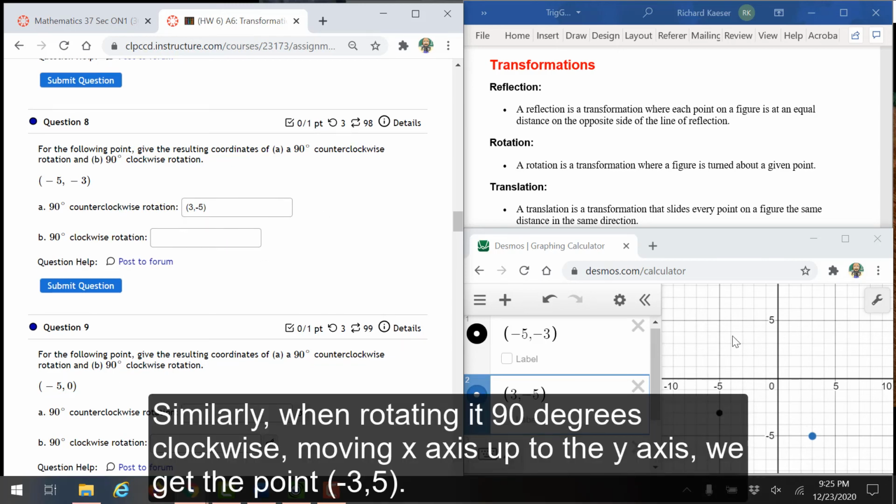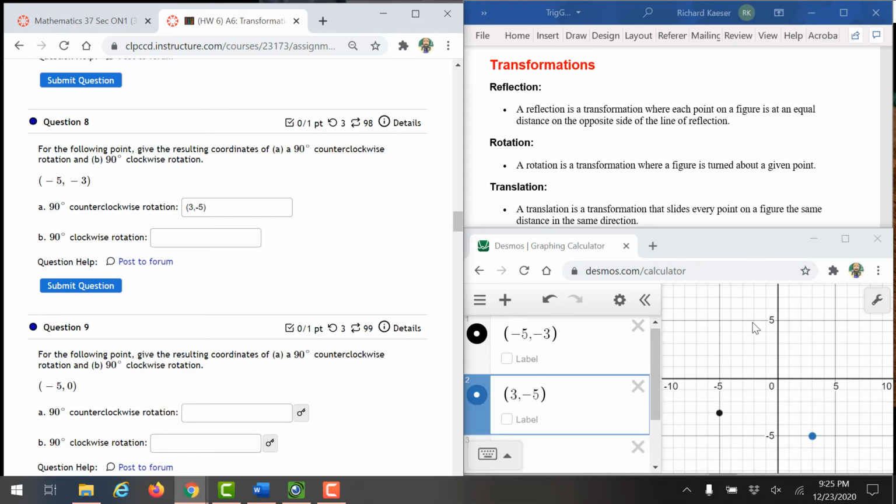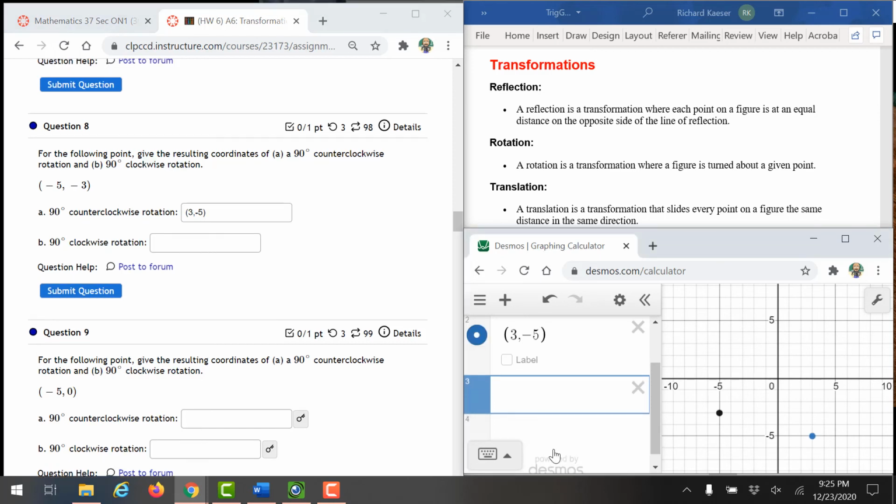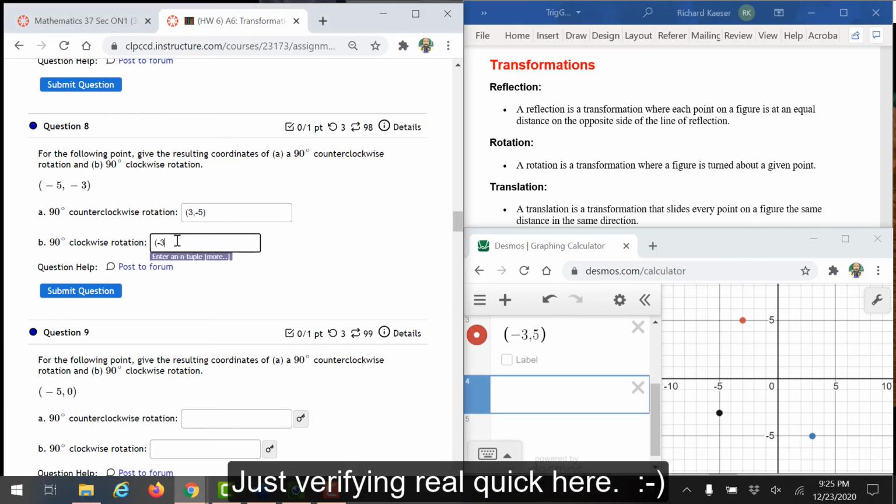Similarly, when rotating it 90 degrees clockwise, moving the x-axis up to the y-axis, we get the point -3, 5. Just verifying real quick here.